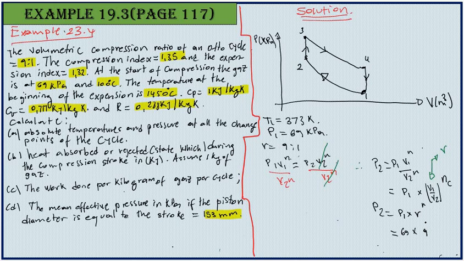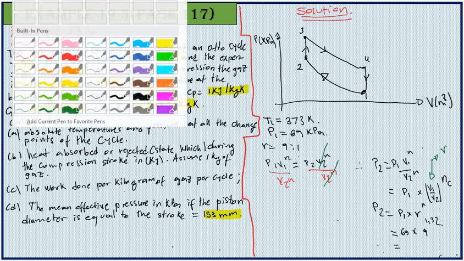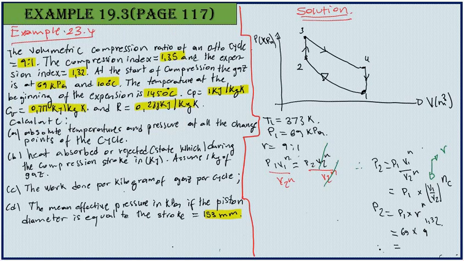So we have NC, which is 1.32. So now if we work this out, we get P2, which is equal to 1340 kilopascal.